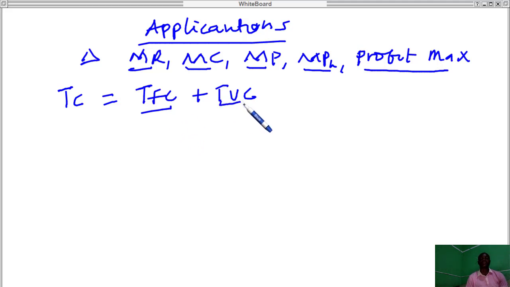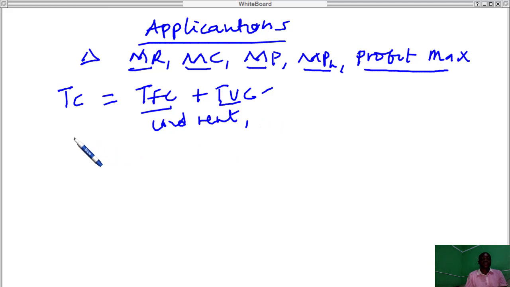And the variable inputs are the items for production that can change. For example, if someone is operating a chop bar, the person may need land or rent. The person may rent, and also buy some saucepans and other things used for production of the fufu. But the person may also need money for buying cassava, meat, paying the laborers and the rest. These are the variable inputs. So the cost on those items are the total variable costs.